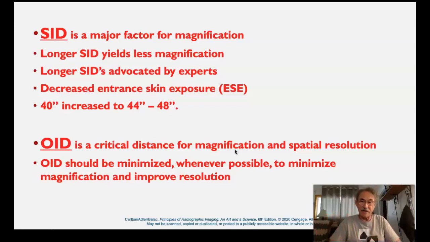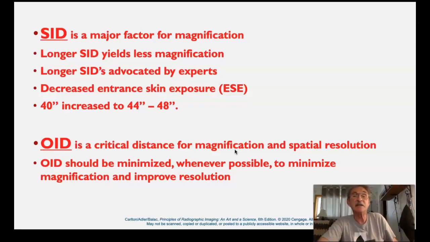Look at my head as I move further back and further forward. So if I had a certain X-ray beam down here, I would have to collimate this wide. But this wide, when I come forward, is not going to be enough. So I need to open my collimator up a little bit. So SID is a major factor for magnification.